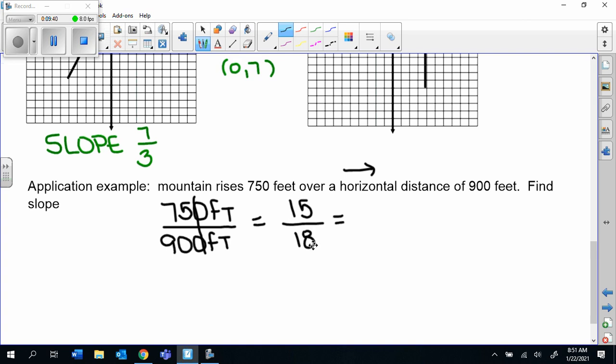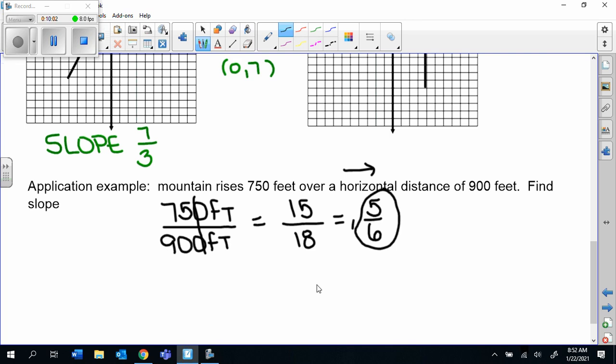I can still take out a 3. It looks like it's going to be 5 over 6. So there would be my slope. It's a 5/6 slope. And there are no units like rates because those units cross out. So this would be my slope, 5 over 6.